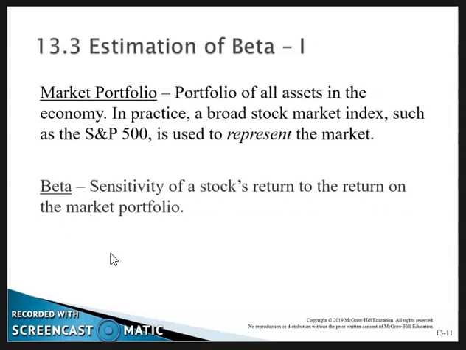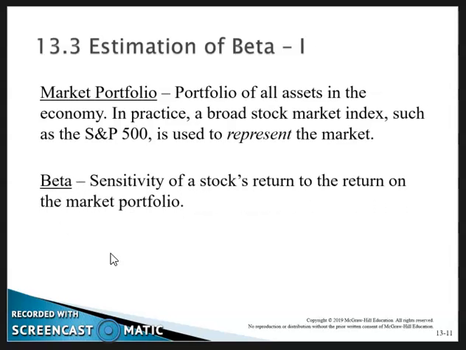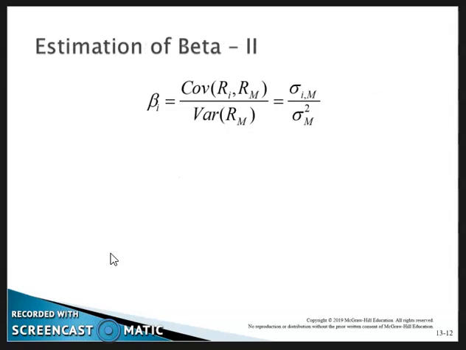So what is beta? Beta is the sensitivity of a stock's return to the market portfolio return. We calculate beta, as we mentioned in the previous lecture, as the covariance of the return on the asset with the return on the market, divided by the variance of the return on the market.